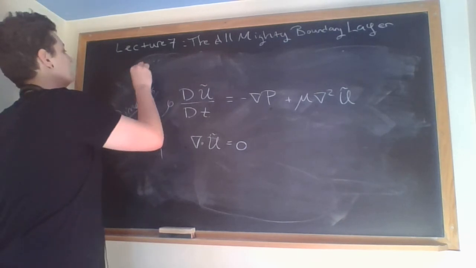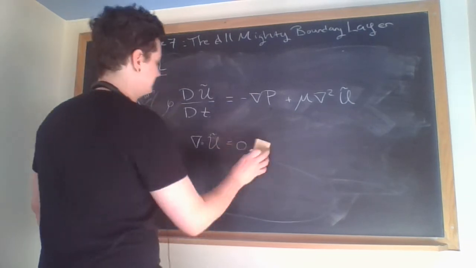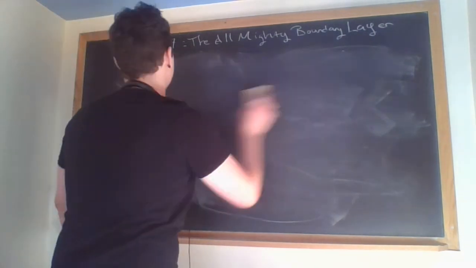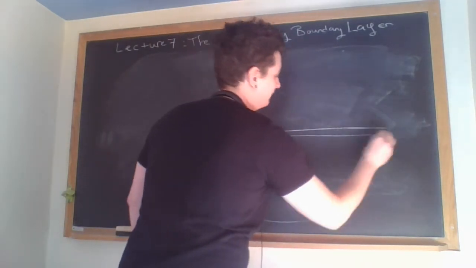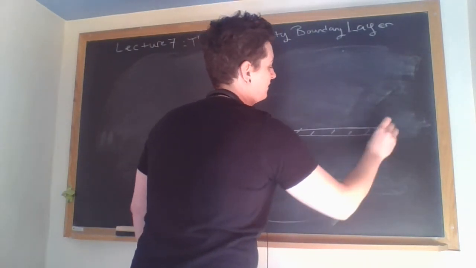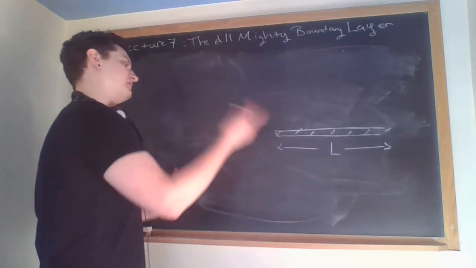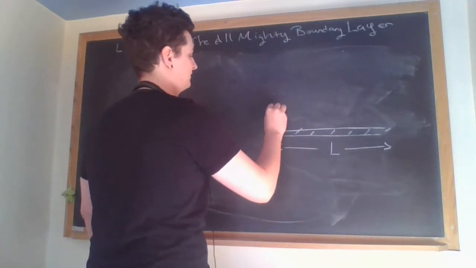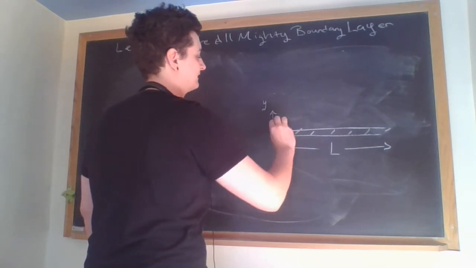You say that the x-coordinate scales like the length of my plate. So let me just draw this again, and you can rewrite the Navier-Stokes equations. Personally, I think the picture is always more informative than the equation, because you just use a picture to fill in variables in equations. So this is y, this is x.